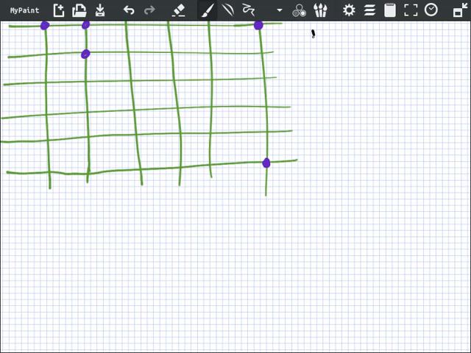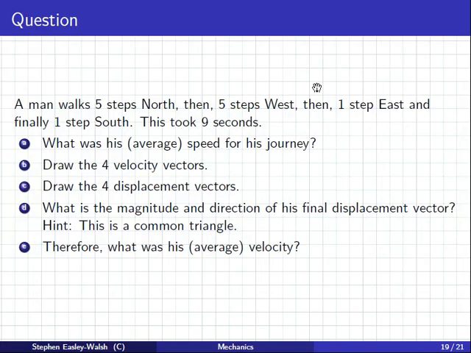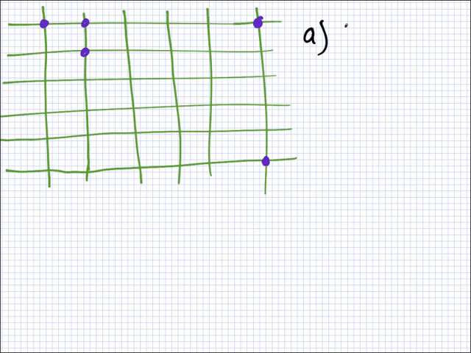The first question is, what is his average speed? So we know that the average speed will be total distance over total time. So 5, 10, 11, 12 steps. And it took him 9 seconds, we're told.